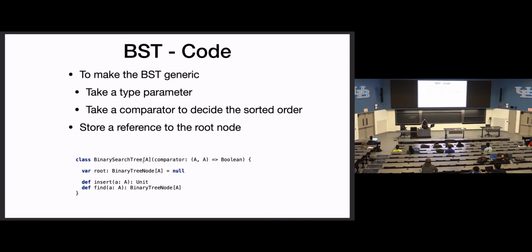But to be generic, we're going to take a type parameter and a comparator, so we can have binary search trees with all the flexibility of our ability to sort. For our sorting algorithms, we just took a comparator and a type parameter. We can do the same thing here, take a comparator and a type parameter, and order anything with any ordering.